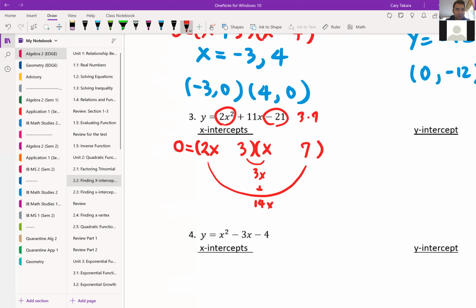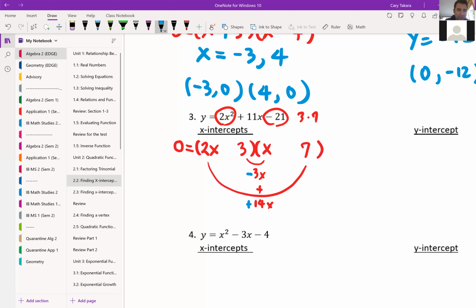by adding them. If you add straight, you're going to get 17x. You don't want 17x. You want to get 11x. How do we do that? If we make 3x a negative, but 14x a positive, then that will give you positive 11x, doesn't it?